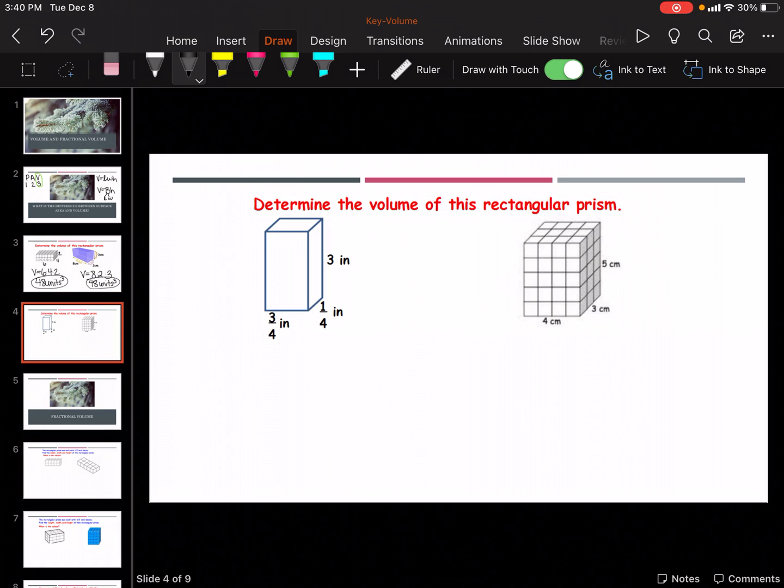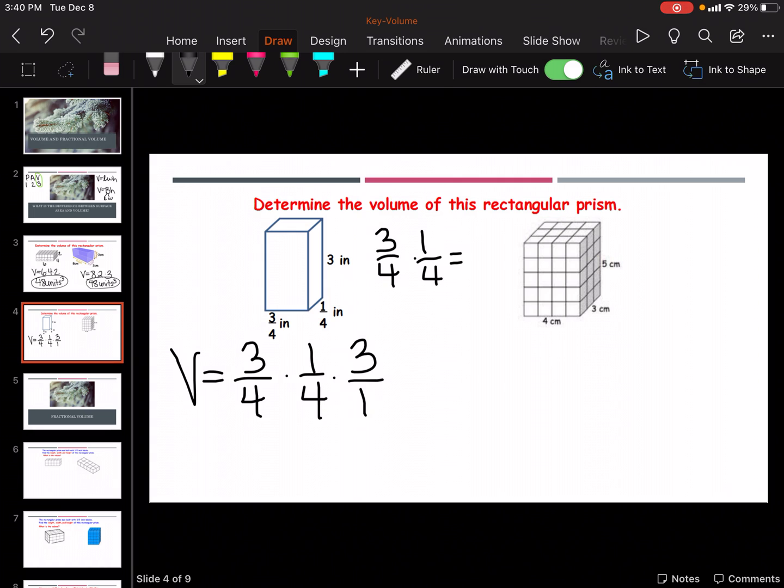Okay, so for this one, it's fractions. So volume equals 3/4 times 1/4 times 3 over 1. What I would do is 3/4 times 1/4, multiply straight across, gives me 3/16. 3/16 times 3 over 1 gets me 9/16.